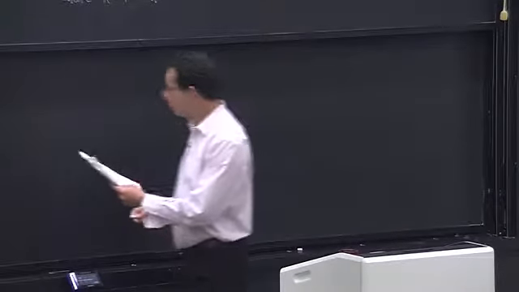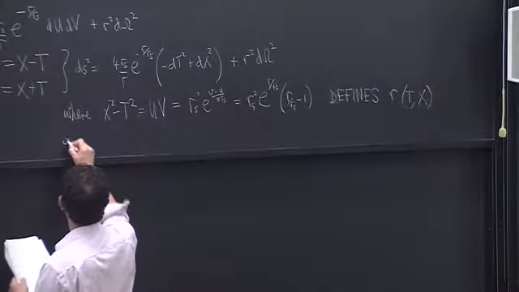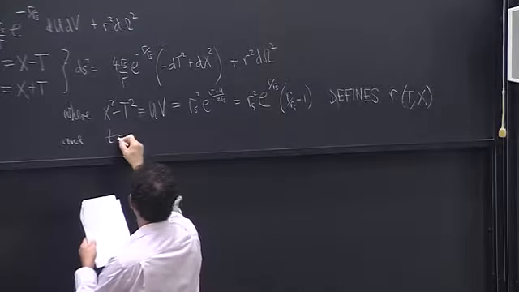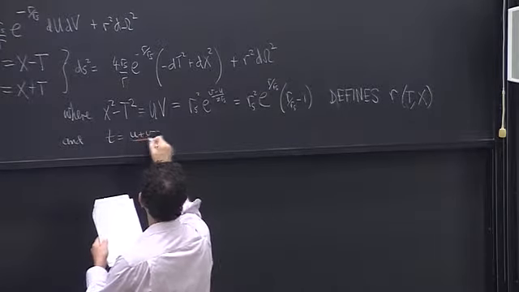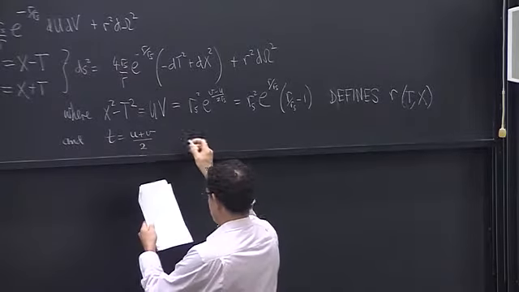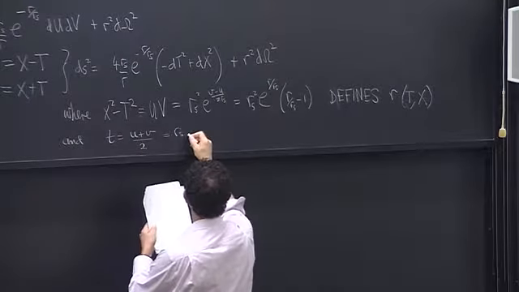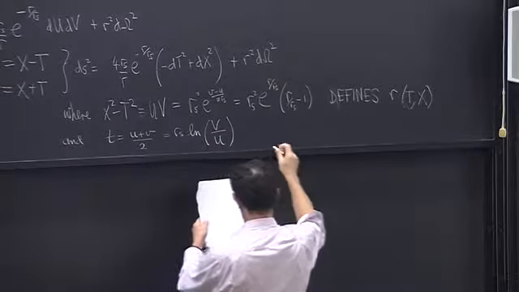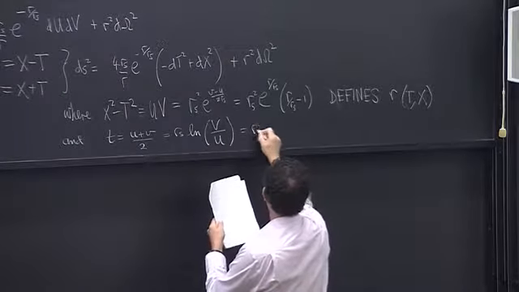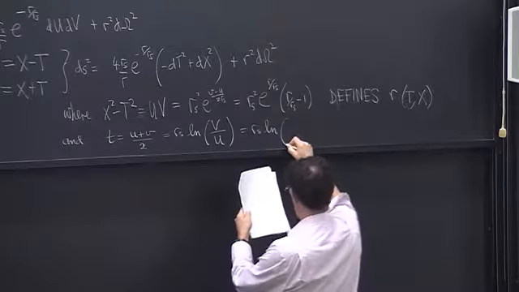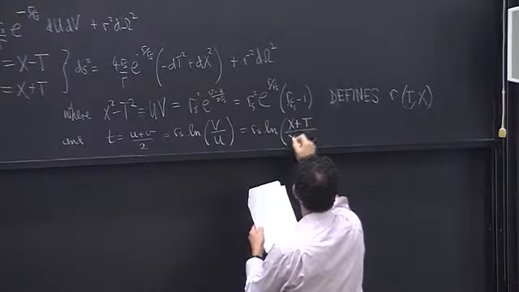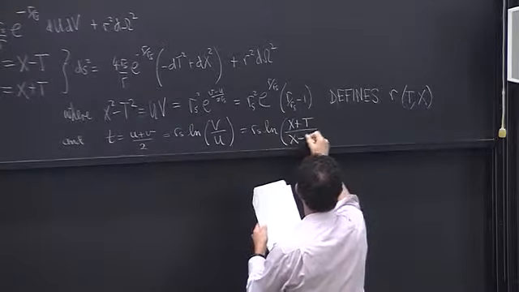And similarly, t is u plus v over 2, equals Rs log v over u, equals Rs log x plus t over x minus t.